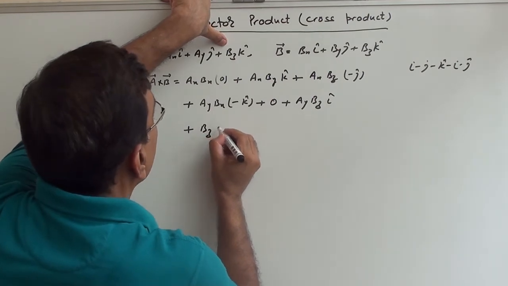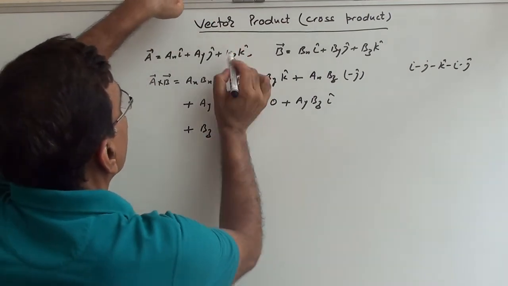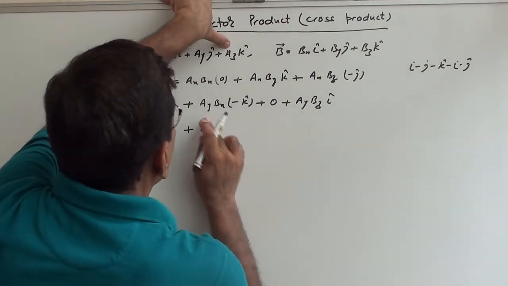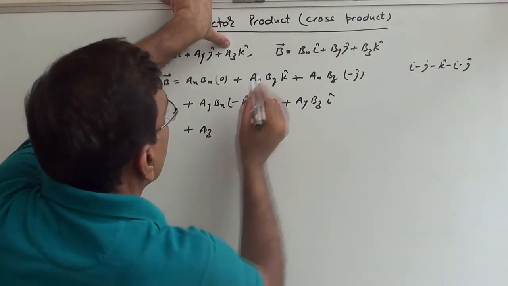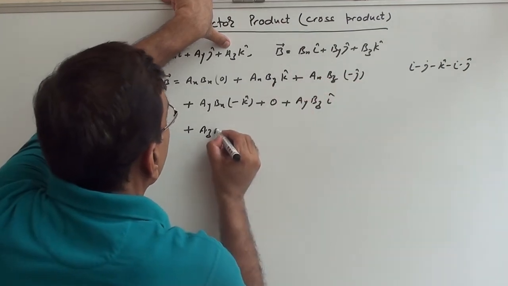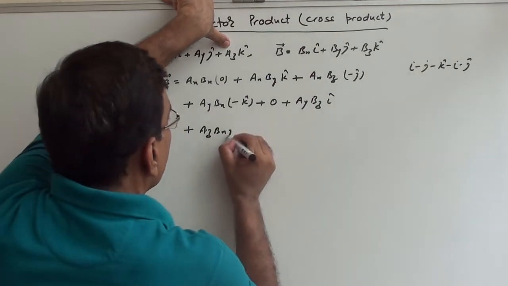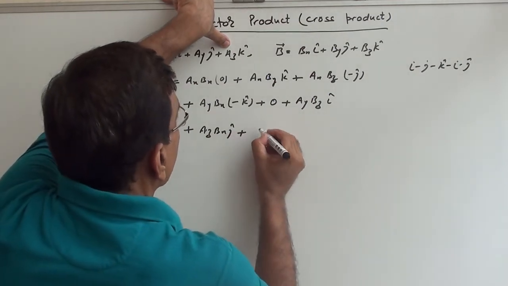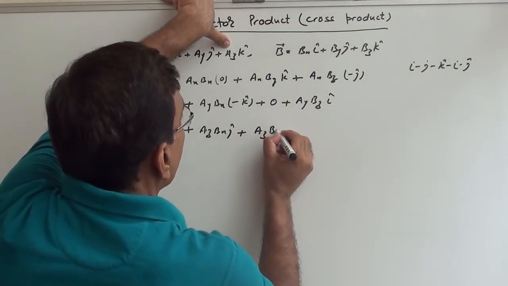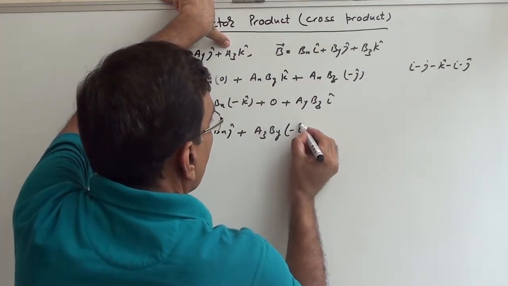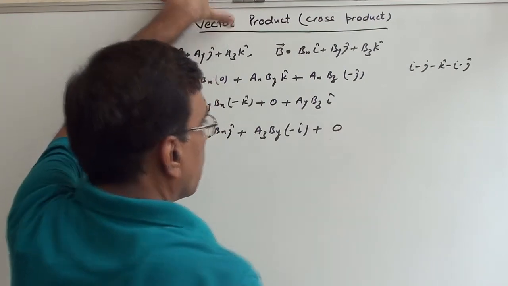AZ, BX, K cross I, it is J, plus AZ, BY, K cross J, minus I cap, and plus K cross K will be 0.